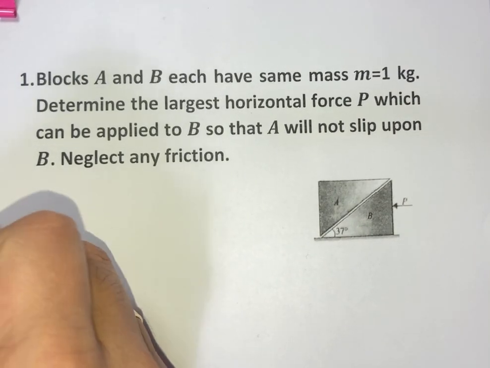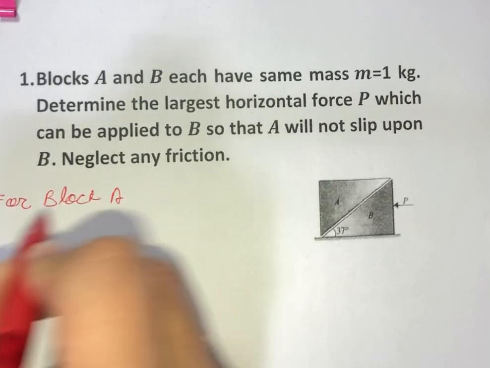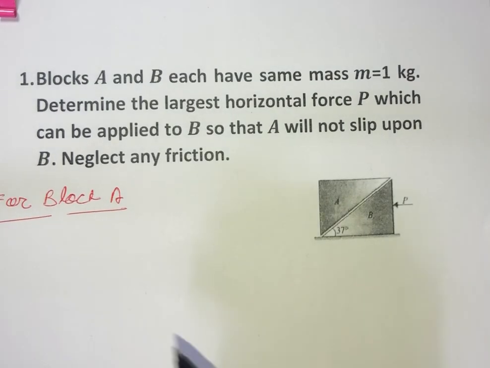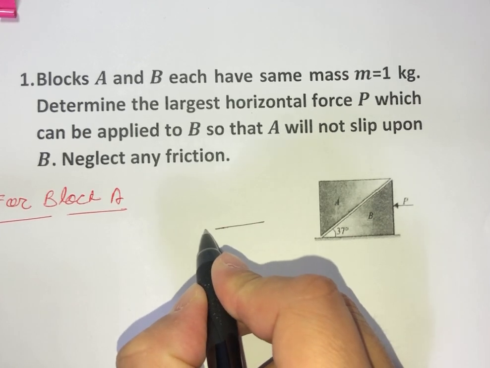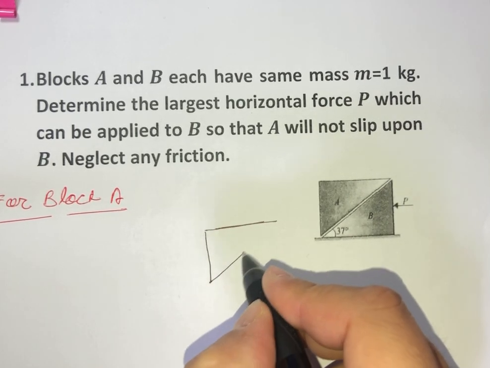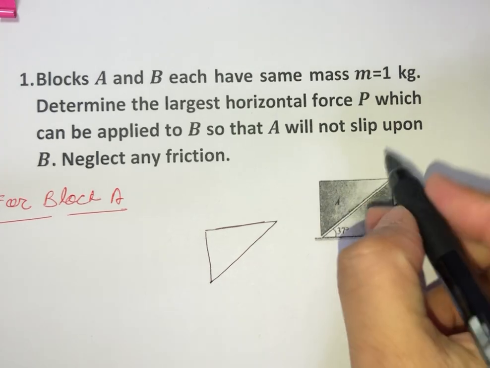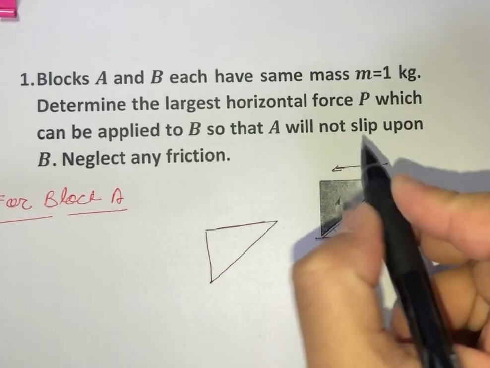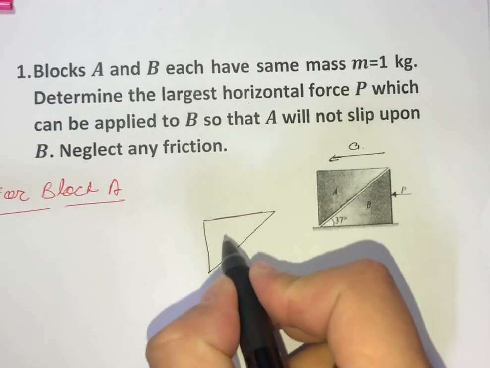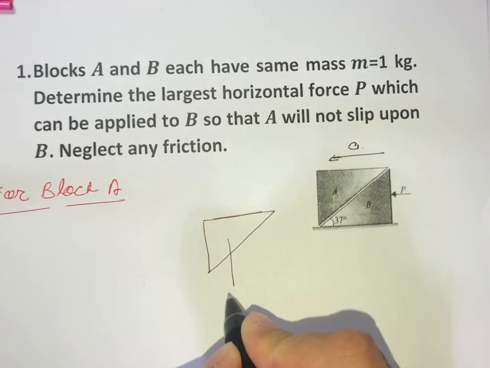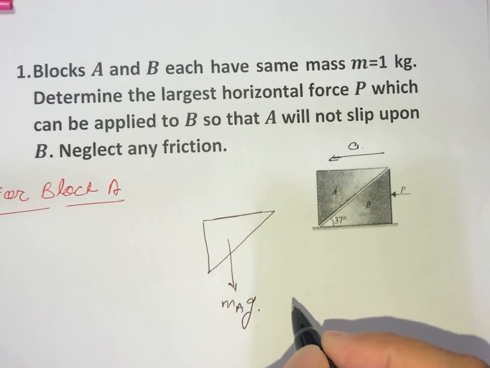For block A, we also assume that both the blocks are moving towards left with the acceleration A. Here there will be a MAG in the downward direction.